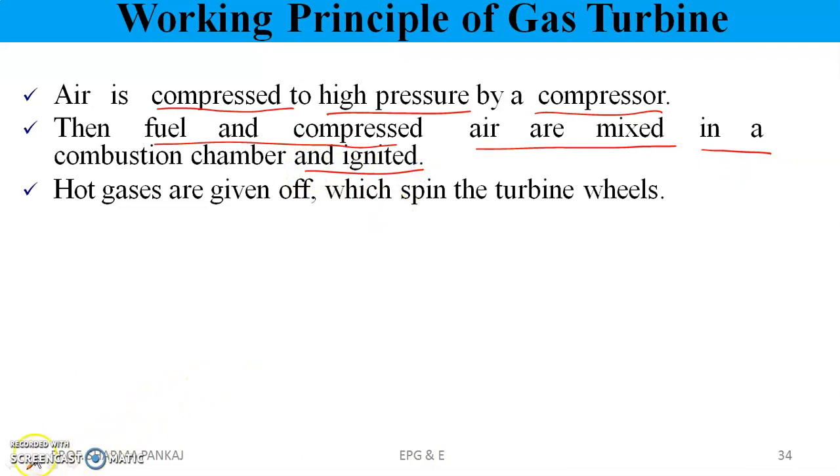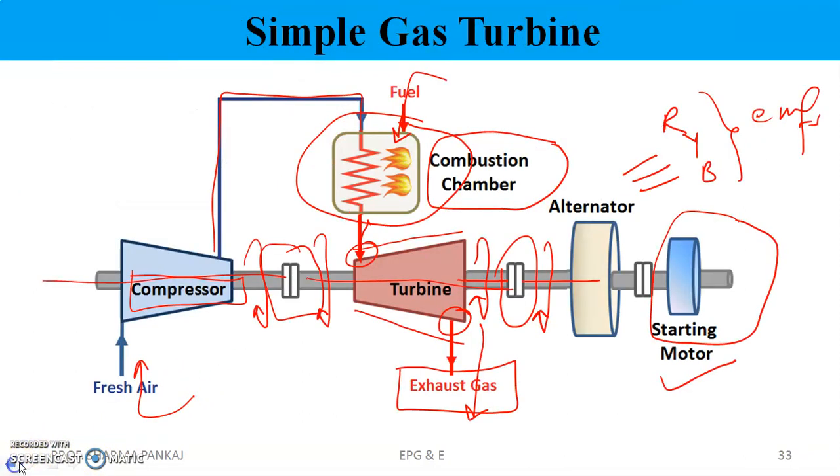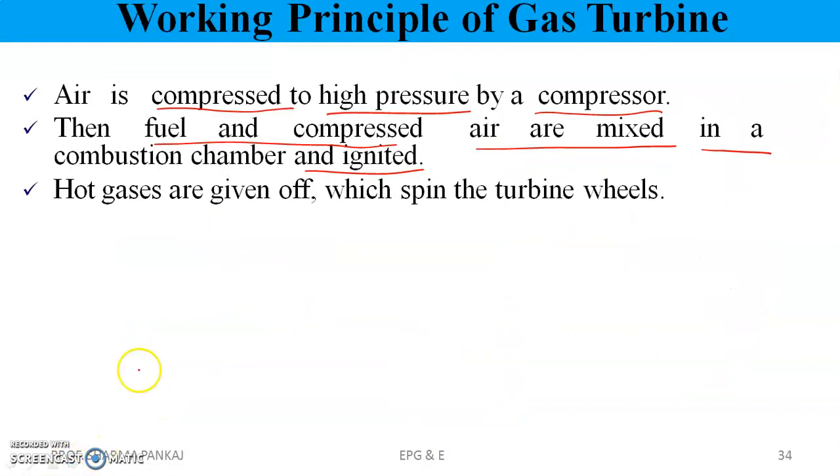You can see in the previous diagram, this is ignited. This is the symbol of ignition. And hot gases are given off, which spin the turbine blades.